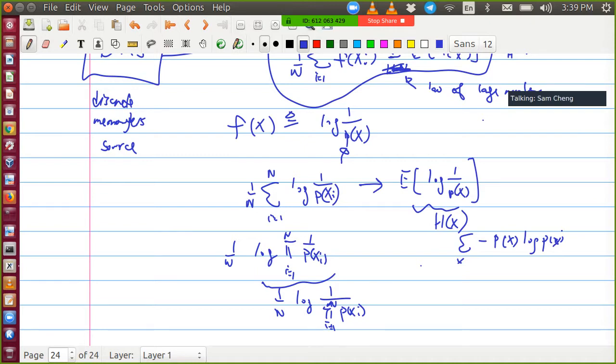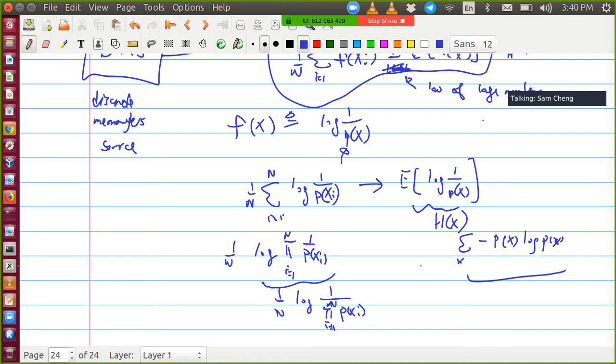No, but you see, for example, think of an example here. Your question is that this side doesn't seem to match this side, right? But think of a realistic example: what are you summing on the right-hand side or the left-hand side? On the left-hand side, you're summing over each of the samples that you draw from the source.